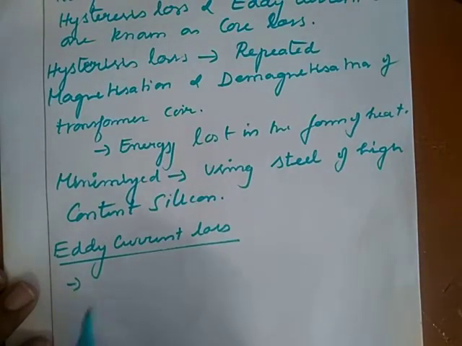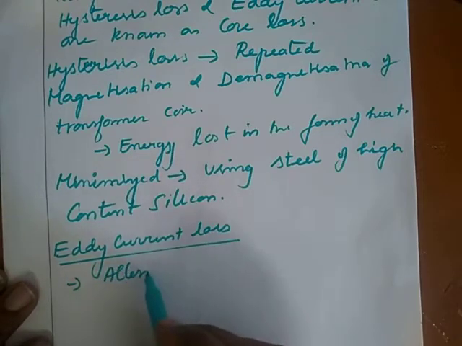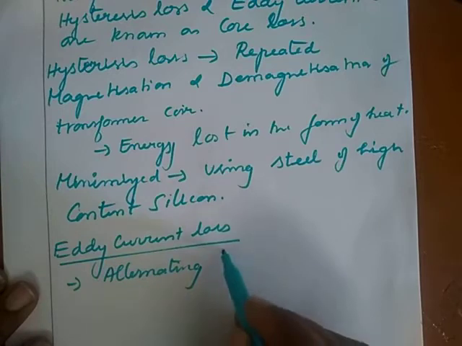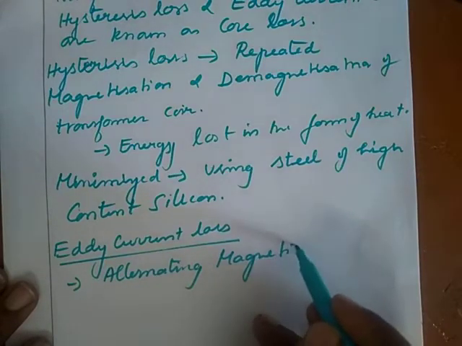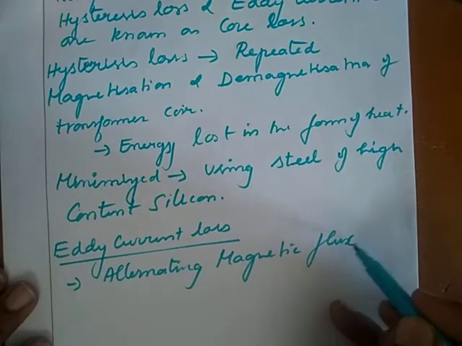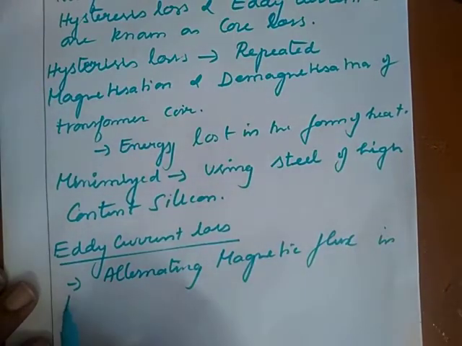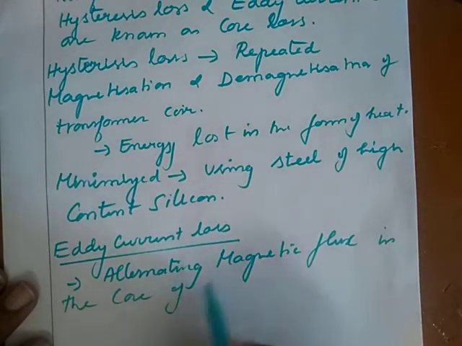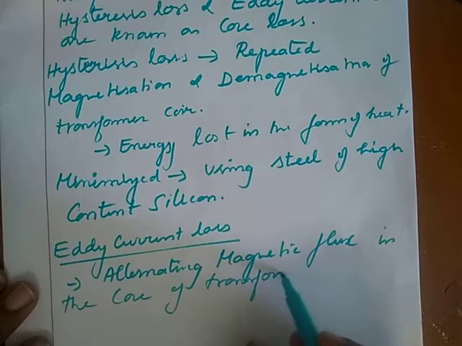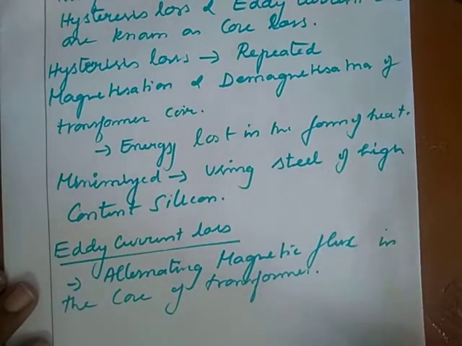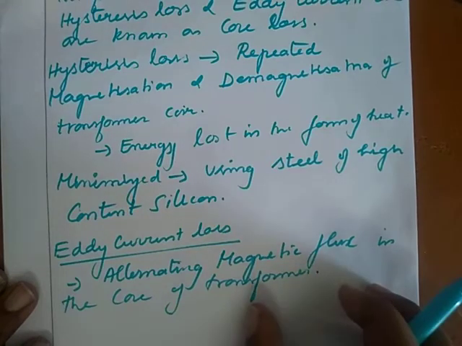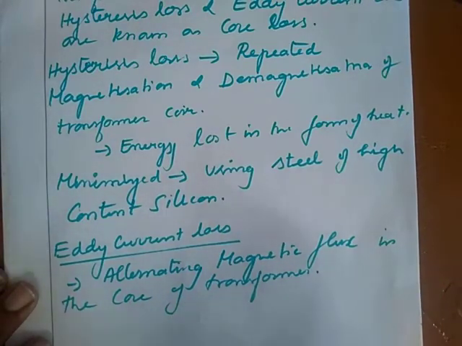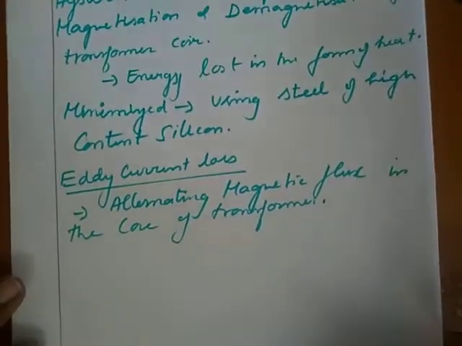This loss is due to alternating magnetic flux in the core of the transformer. Due to this reason it produces an eddy current in it. Then this eddy current will develop heat. There is some energy loss in the transformer.